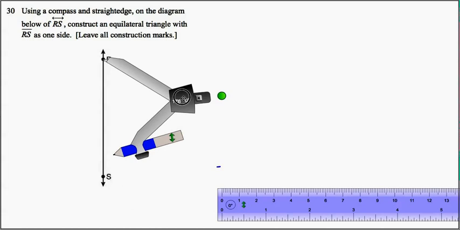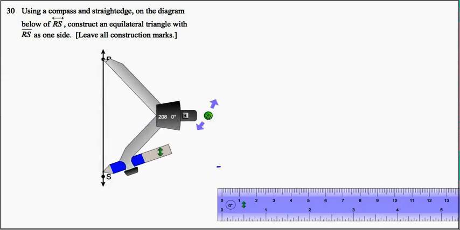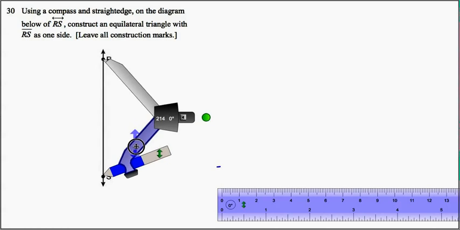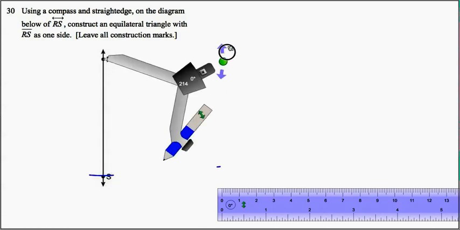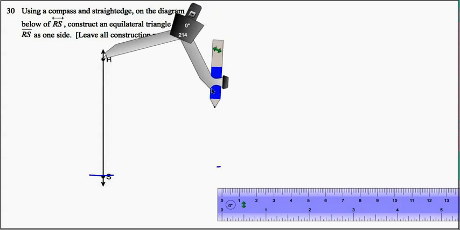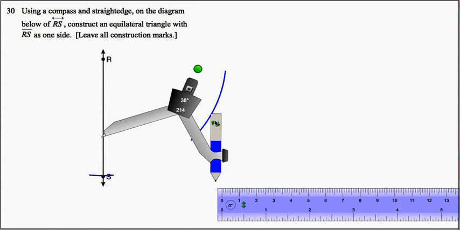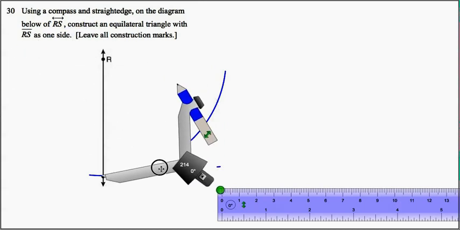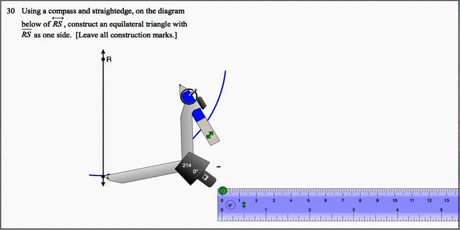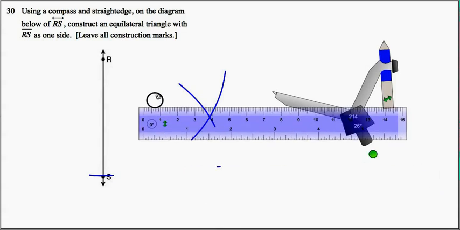So here we have, and then we have to leave the marking over here and come without changing the width of the compass. That's how we mark it.